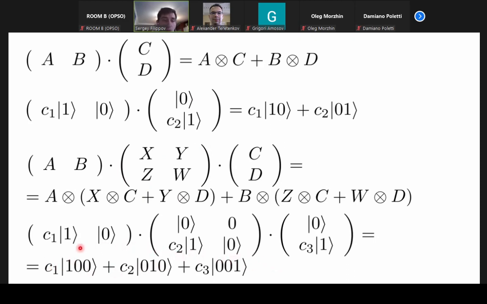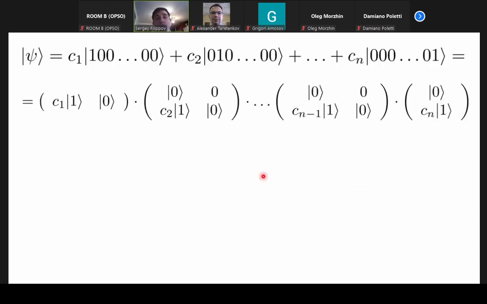For example, if we look at the bottom of the slide, you see that if we multiply matrices this way, then we reproduce the three-mode state, which describes a single photon wave packet among those three modes. Surely the number of modes is unlimited.